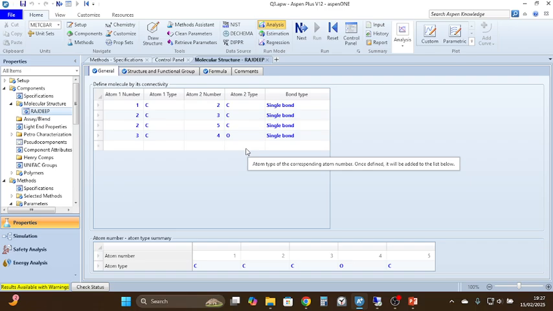Now you can use this component in the simulation. Data bank as in, you cannot add it into the data bank that is provided in Aspen during its installation. But if you want to specify a particular component, you know about its structure and its chemistry, you can add it in Aspen and you can use it for simulation.